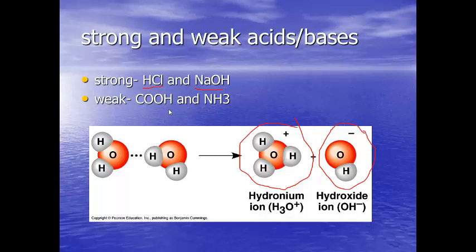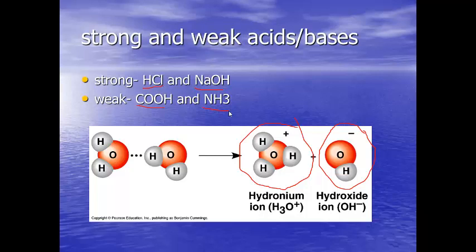Weak acids and weak bases do not completely dissociate, meaning that the reaction is reversible. It's constantly going back and forth. Here you see a weak acid that has a reversible reaction. I think this is carbonic acid. And here you see a weak base. And again, what makes them weak is that the reaction is reversible.